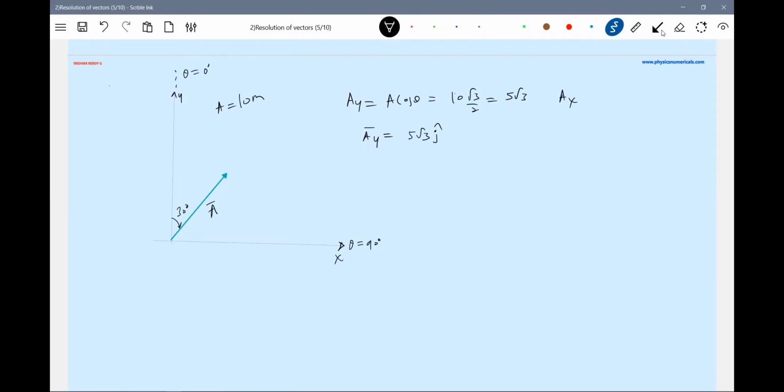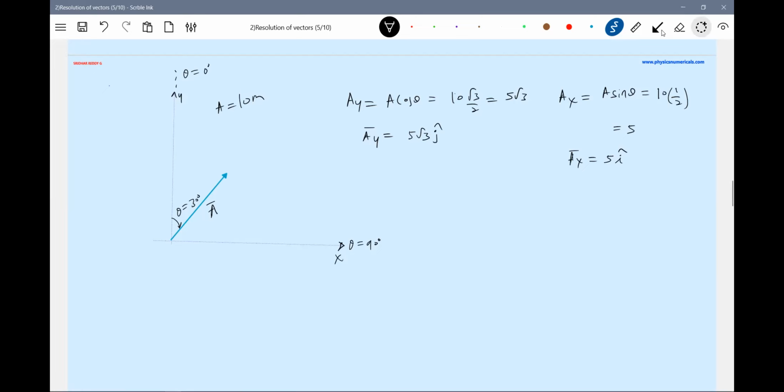Similarly, AX will become A sin theta, because this is theta. You can ask where is theta? I'll write theta. Now, A sin theta, what is the value of A? 10 times sin theta, 1 by 2. This will become 5. Now AX bar will be 5 I cap.